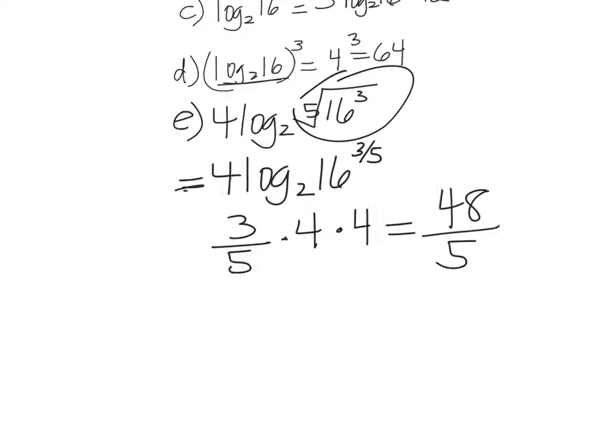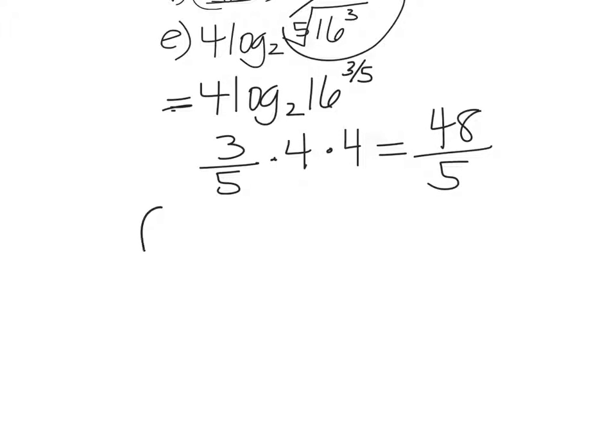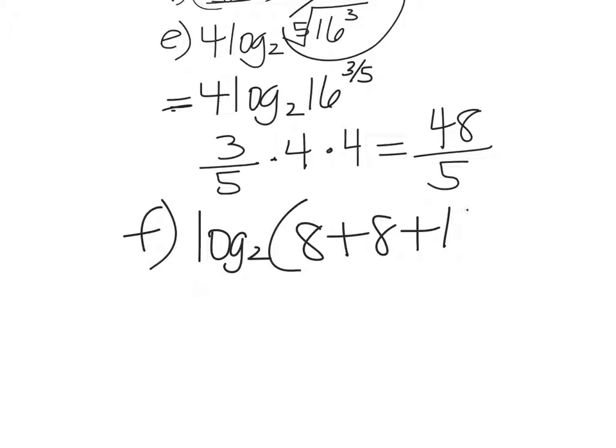Ooh, these next two are cool. Not like you're kind of cool, but mathematically cool. All right, log base 2 of 8 plus 8 plus 16. I think I did this one on the quiz. A lot of people missed it. Just simplify first.